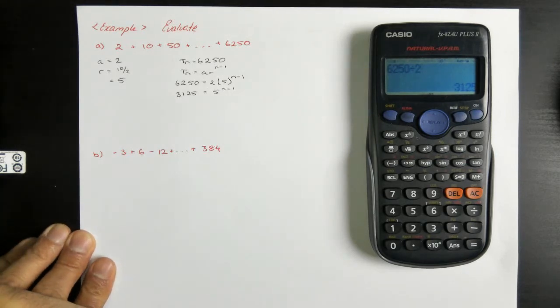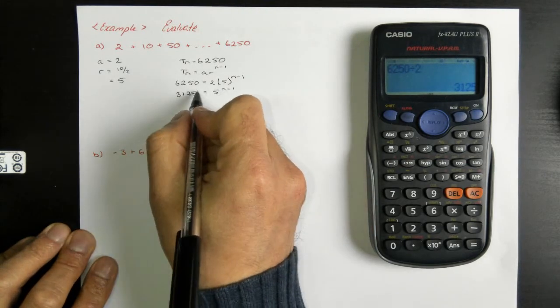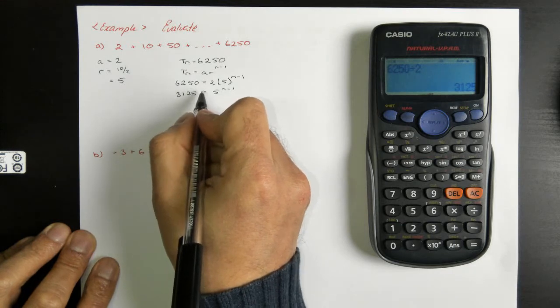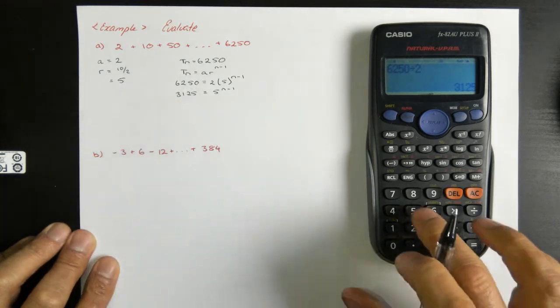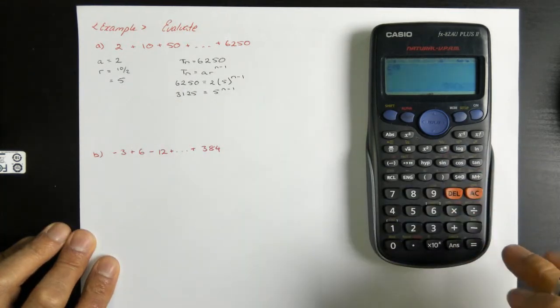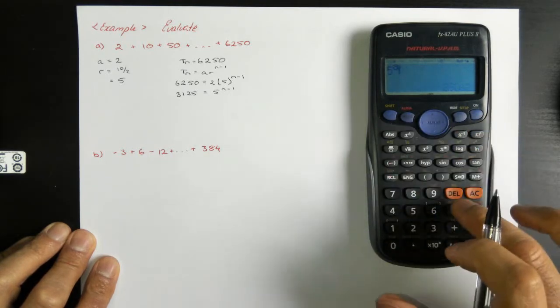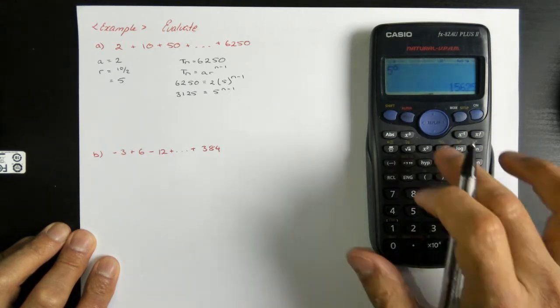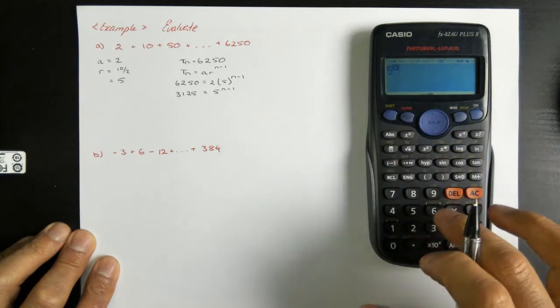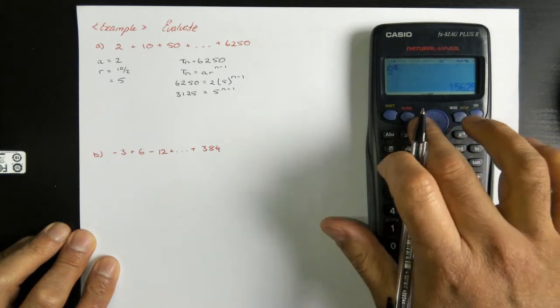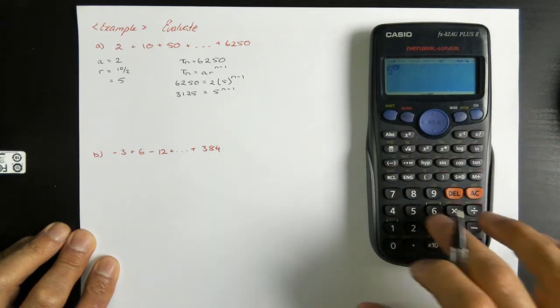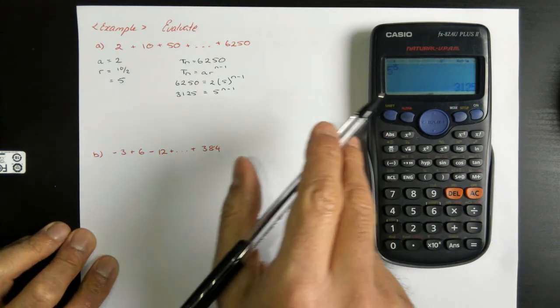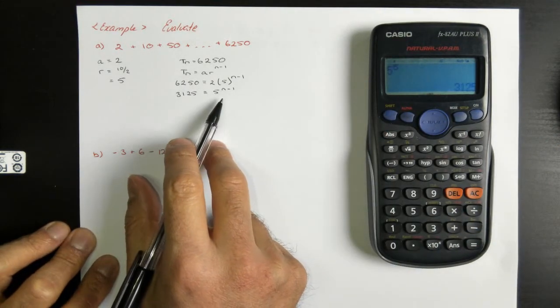Now, in the previous video, we could figure out what this is in terms of 5 to the power of. 5 to the power of 8, too much. 5 to the power of 6, too much. 4, too little. So it looks like it's going to be 5 to the power of 5. So n's going to be 6.